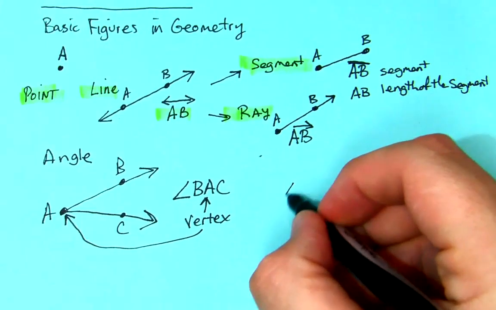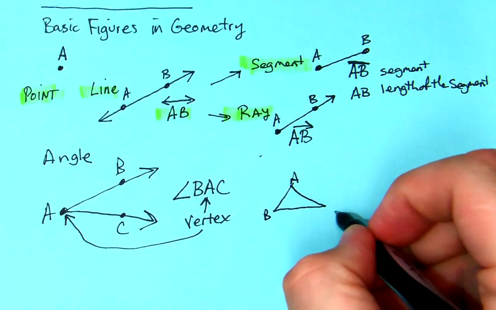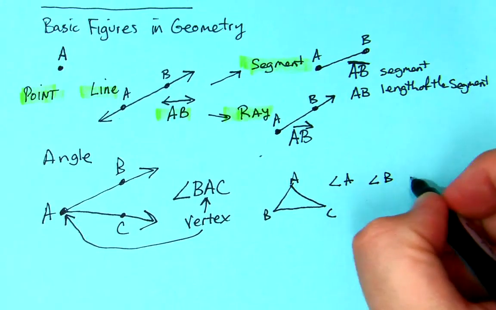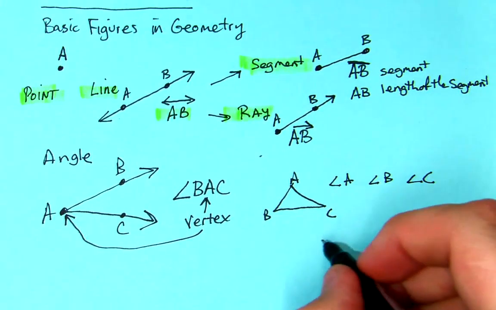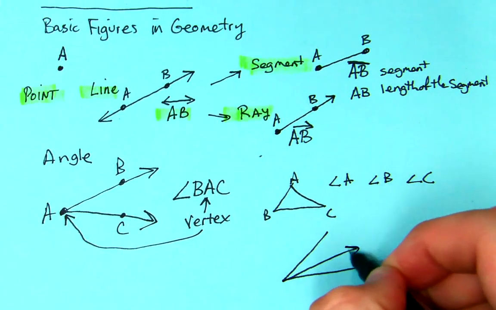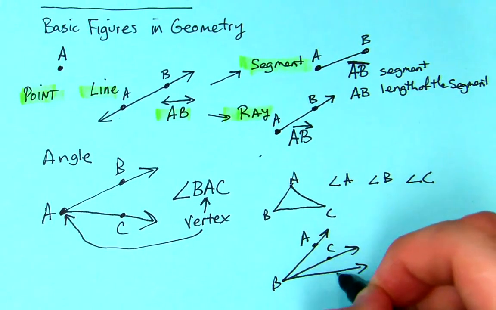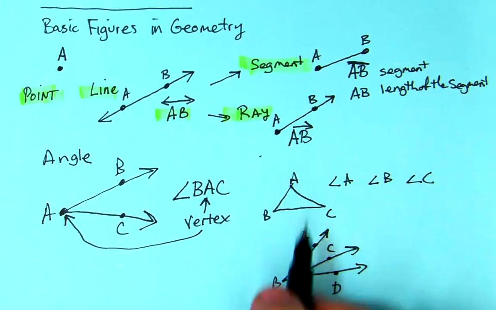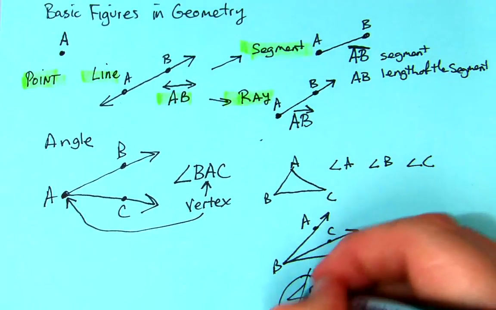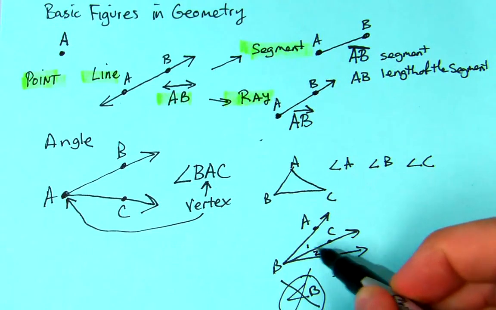When we get into triangles like we have done in the past, that could be point A, B, and C. You can actually name these angle A, angle B, and angle C. But as soon as you have 3 rays coming out of the same point like this, A, B, C, and D here, you can't call this angle B at all, because we don't know if it's representing this first angle here, the second angle here, or the big angle.